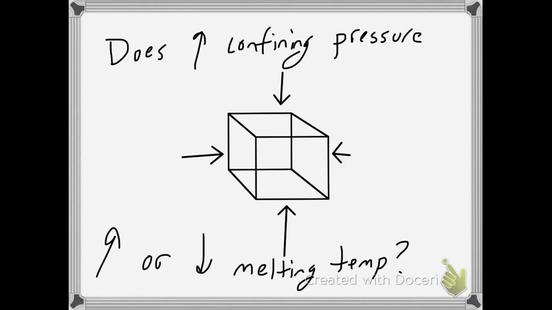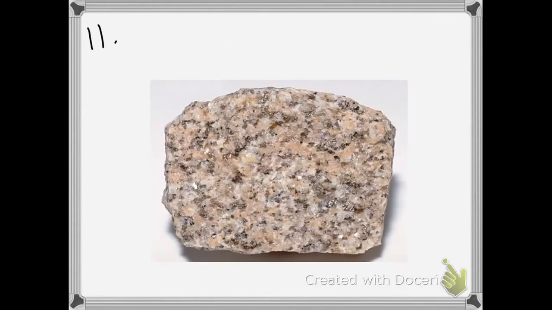So in other words, if a mineral melts at 300 degrees Celsius or Fahrenheit at normal temperatures and pressures, if it's under a tremendous amount of pressure, it might melt at 900 degrees Fahrenheit. So that means it's going to take even more heat to melt it. But of course, there's going to be more heat down below anyway.